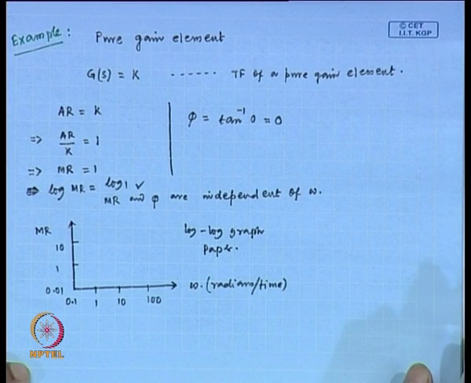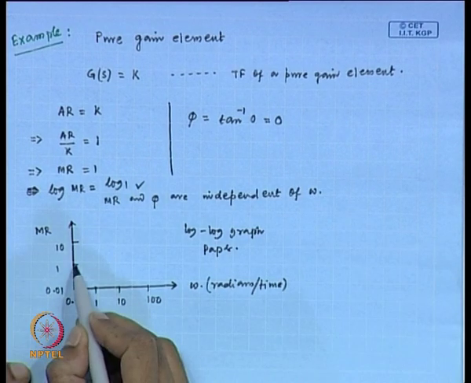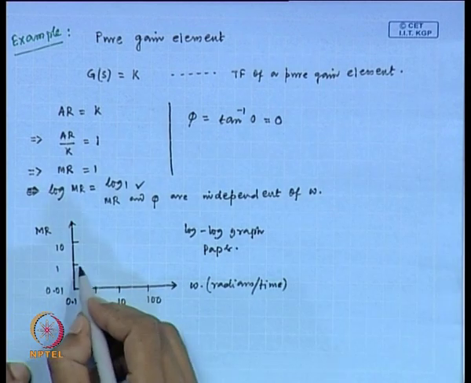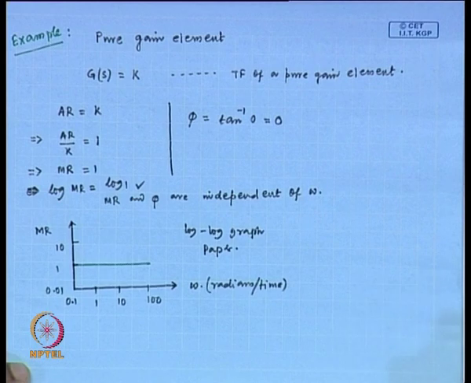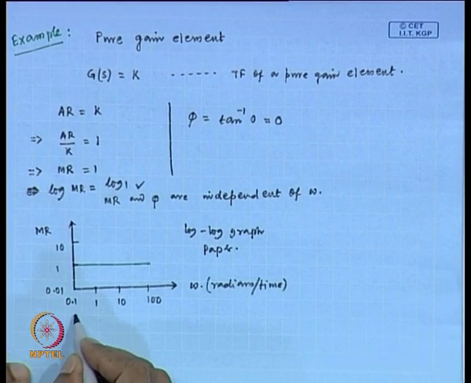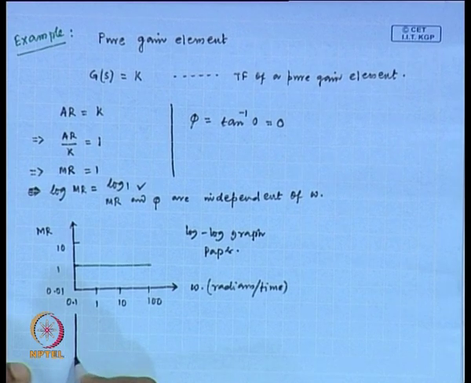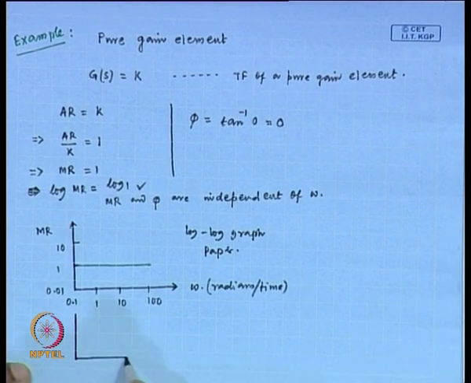This is a horizontal line. So, the first plot we obtained like this. This is a horizontal line and it is equals 1.